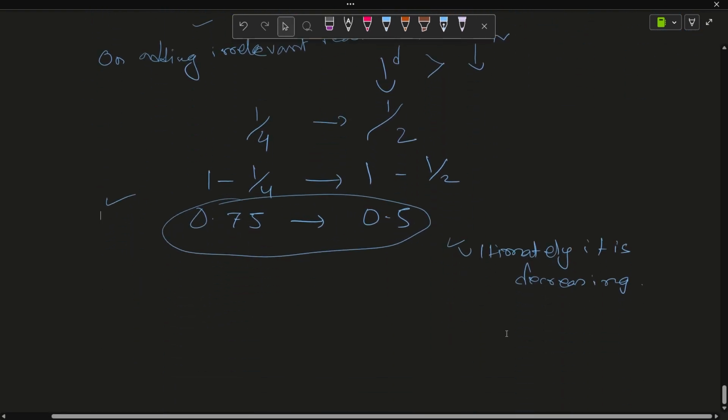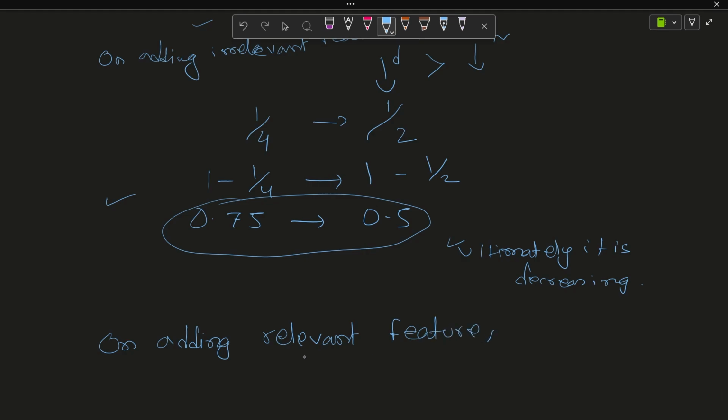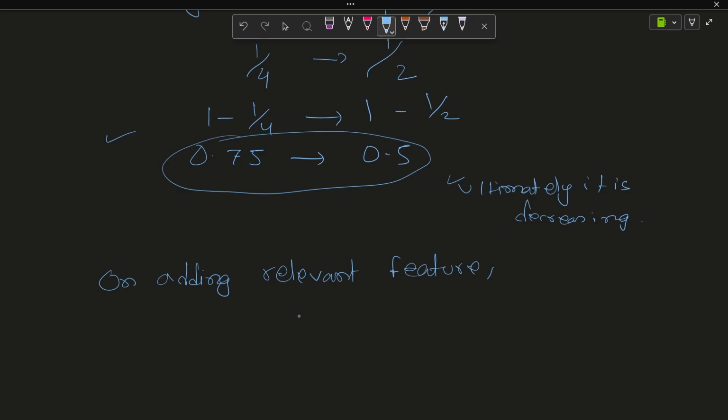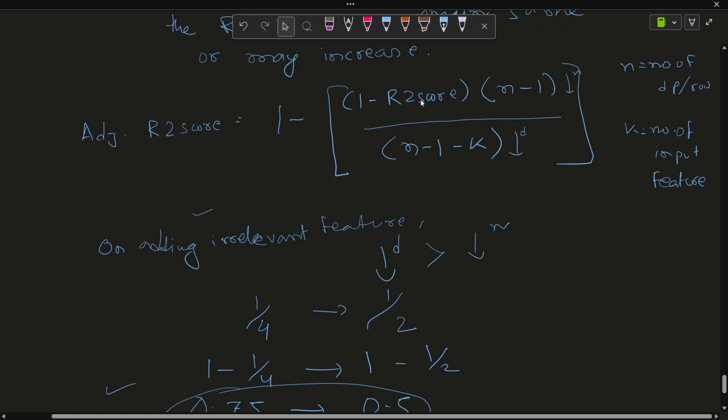But on adding relevant features, how is it increasing? Let's see that. On adding relevant features, R2 score will be increasing many more times.